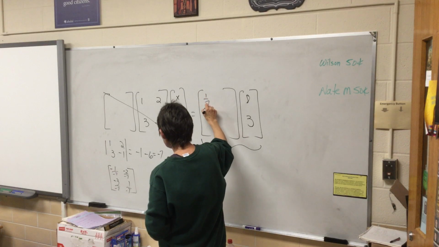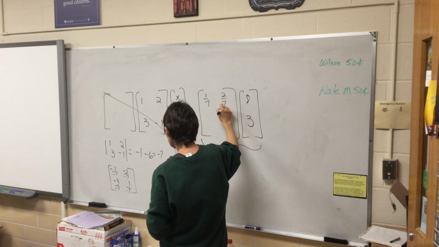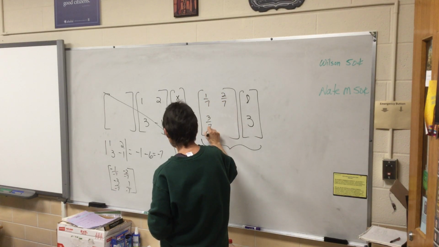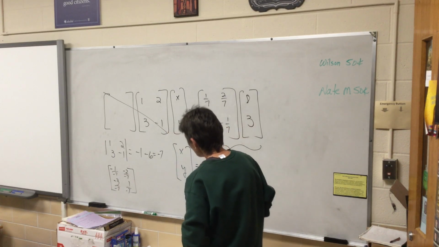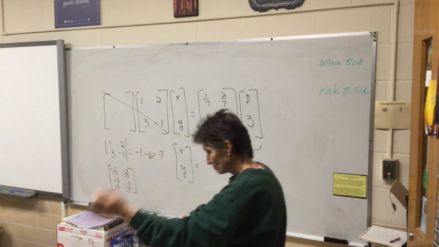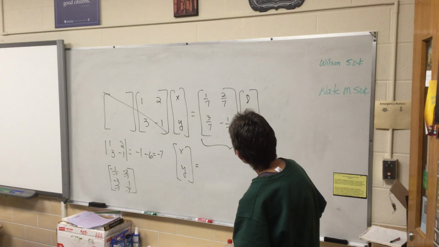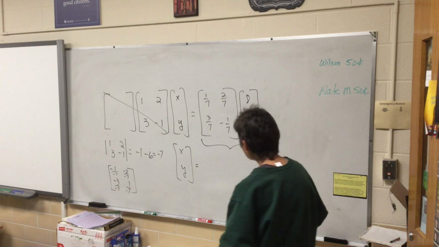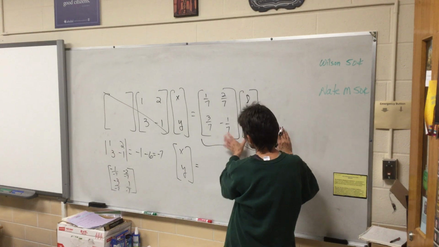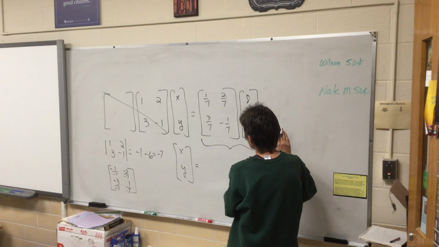So that'll be 1/7, 2/7, 3/7, and -1/7. Did I get that right? Yeah. Now, to get my answer, I am simply going to multiply these two together. So first of all, let's make sure we can.